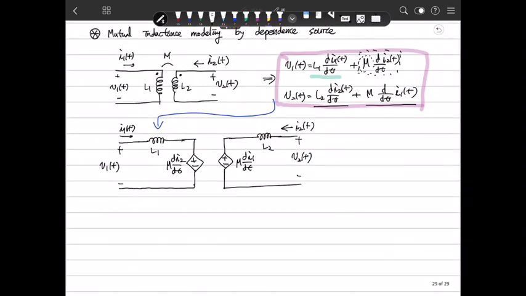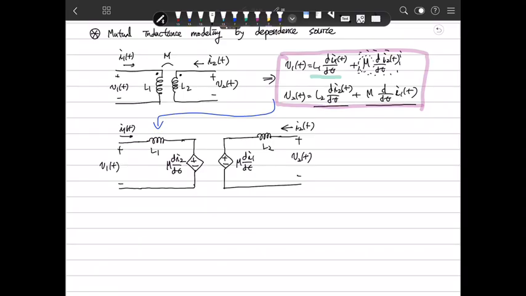The coupled inductor is a very important element in AC circuits. The coupled inductor is based on Faraday's law.